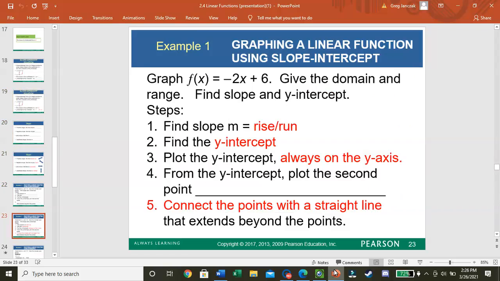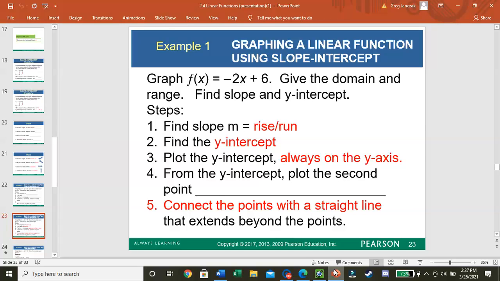So in this case, for -2x plus 6, what's the slope? Yeah, rise over run, but which number is it? Is it the -2 or the 6? It's the -2, right? You have to consider the sign with it too.